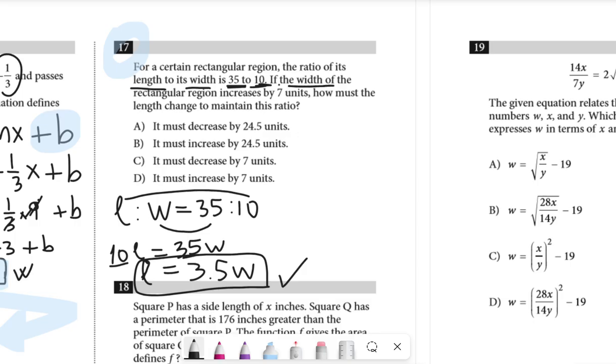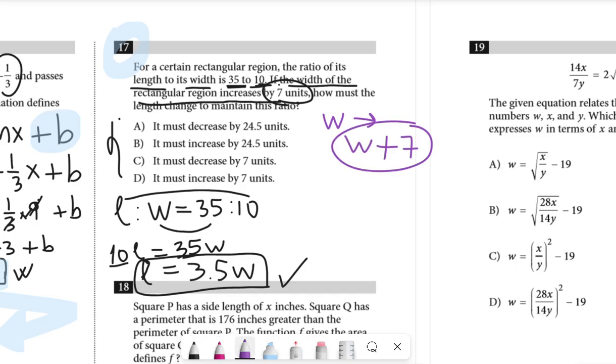If the width of the rectangular region increases by 7 units, what will happen with the length? So the width will be increased by 7 units. What does that mean? Instead of width, we now have width plus 7, right?